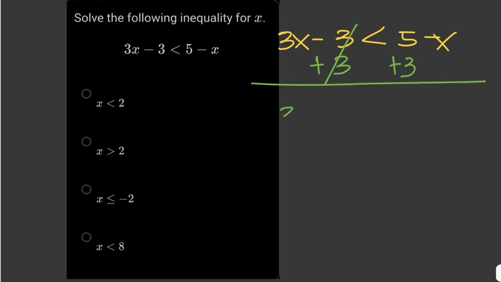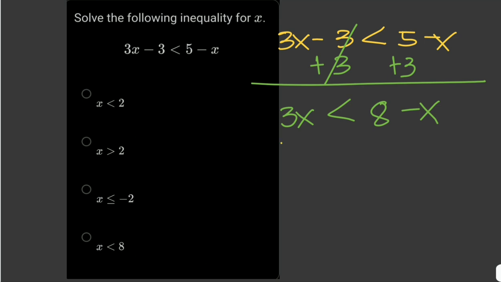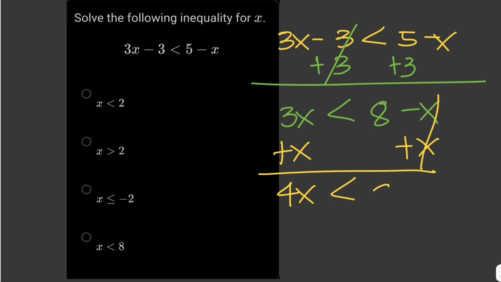So we're left with 3x. Copy the inequality sign, less than 5 plus 3 is 8 minus x. And then next is we add x to both sides to eliminate x on the right. This cancels out, and we're left with 3x plus x, which is just equal to 4x, less than 8.